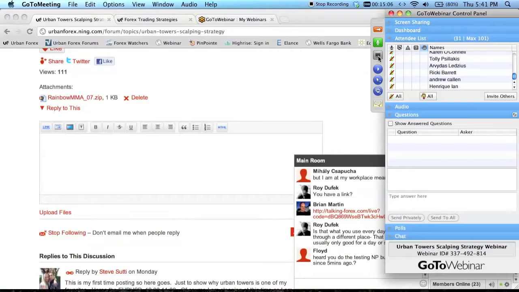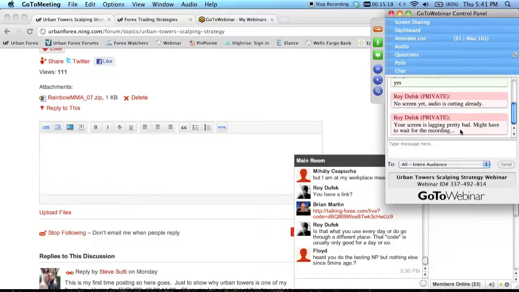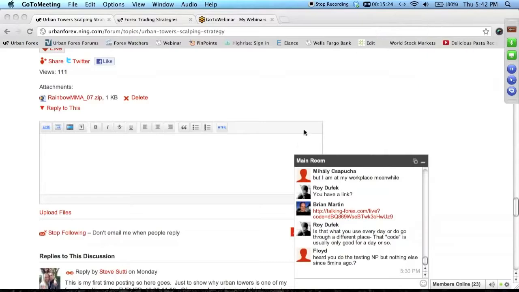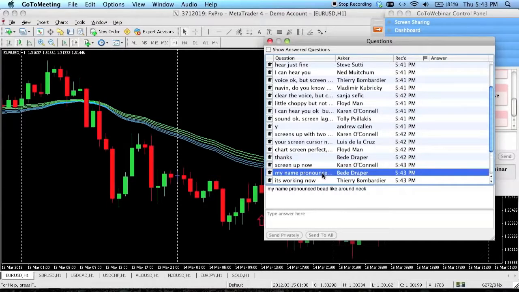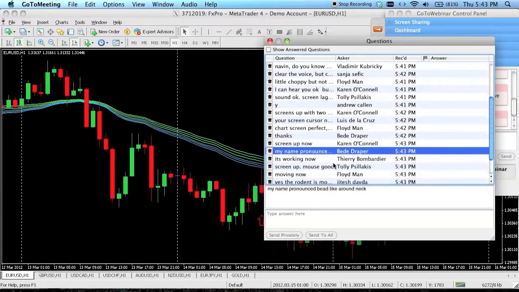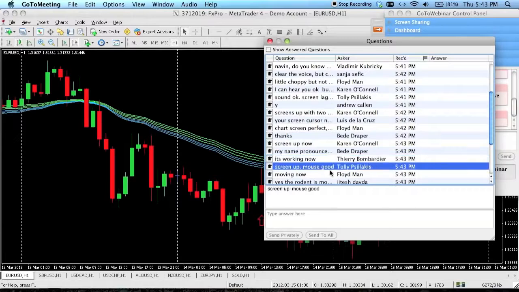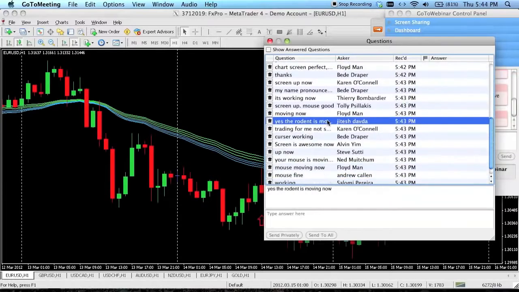Just a moment, please. Let me know when my screen does come up, and once you see my mouse moving again. My name is pronounced Bede, like around the neck. Okay, Bede. Great. Sorry about that. So we will keep that in mind, Bede. It's working now. Screen's up. Mouse is good. Yes, the rodent is moving now. Okay. All right, here we go.